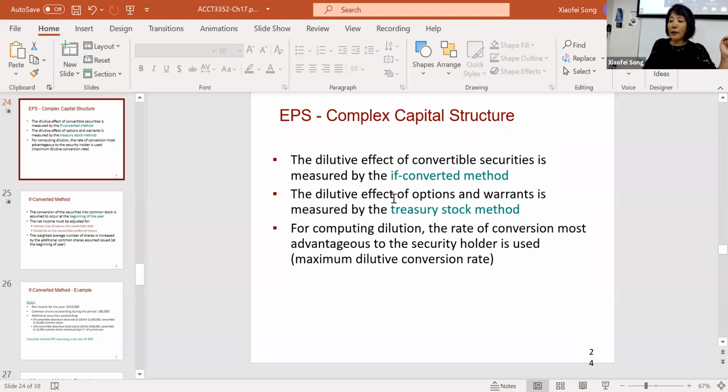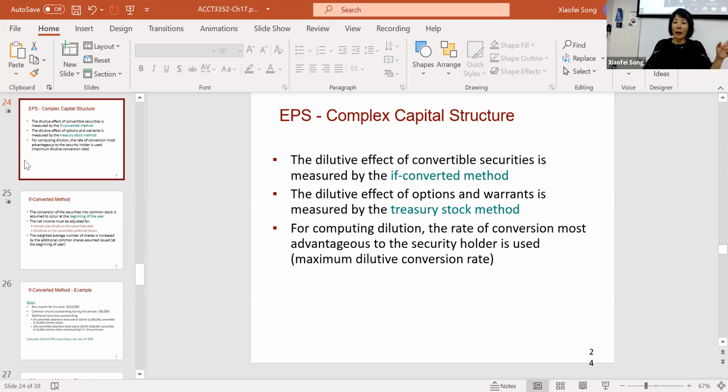The dilutive effect of options and warrants, the second group of potentially dilutive securities, is measured by the treasury stock method, explained later. For computing the dilution, the rate of conversion most advantageous to the security holder is used.